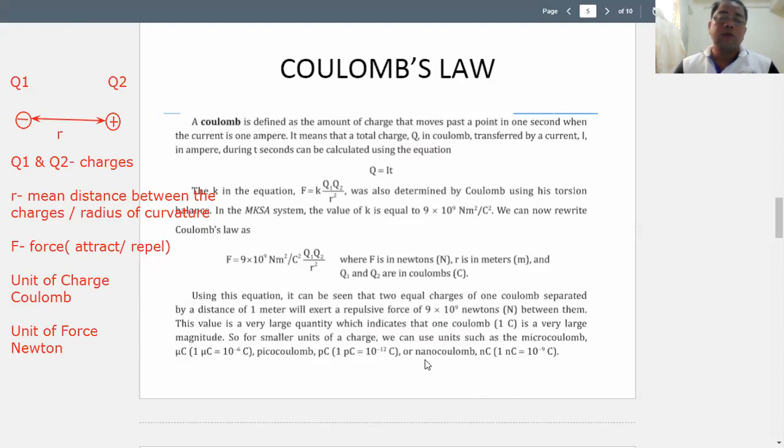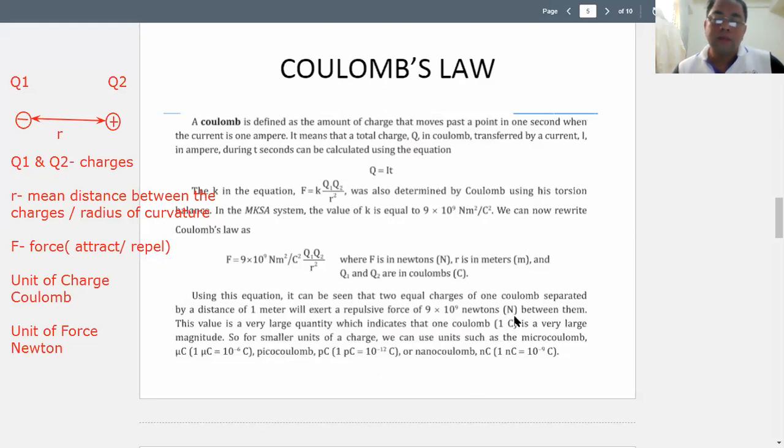So we have to have a very small amount of the charge, because if we deal exactly with 1 Coulomb of charge, then the force there is too big. That's a very, very strong amount of charge, so you could not keep them near each other.